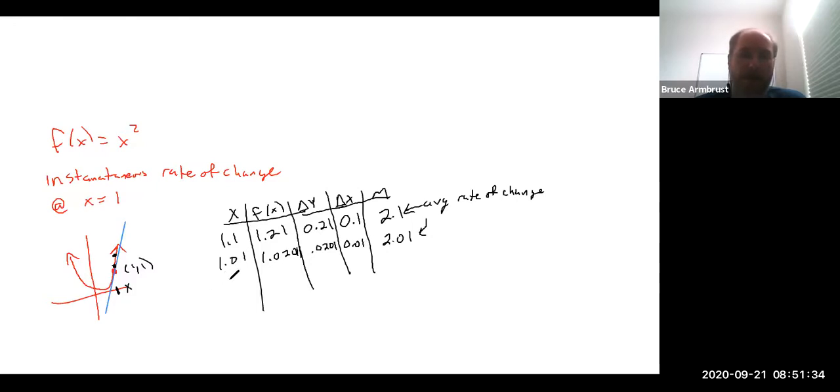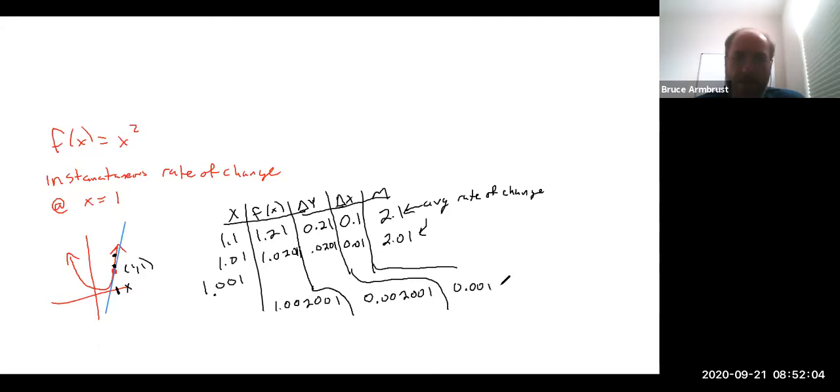So let's try one more here. Let's go to 1.001. I'm going to write it down here because I'm running out of space. I square that. I get 1.002001. So my delta y is 0.002001, which makes my delta x, in this case, 0.001.